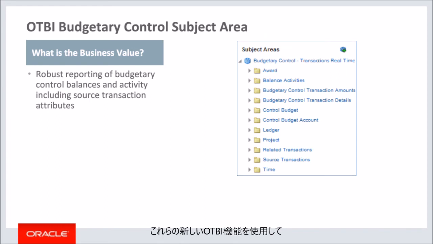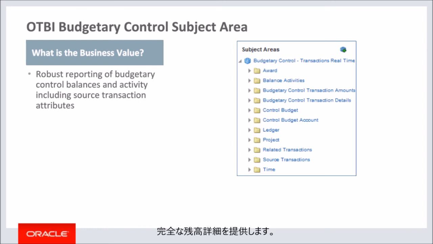Improve your custom reporting and ad hoc inquiries with these new OTBI offerings to provide a comprehensive overview of your budgetary control validation activities and its source transaction information, and complete balance amount details in addition to the suite of attributes already available.